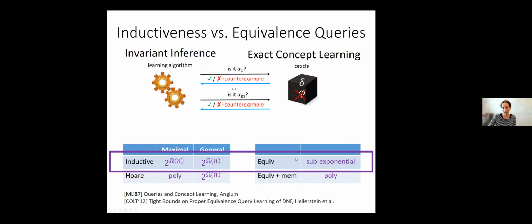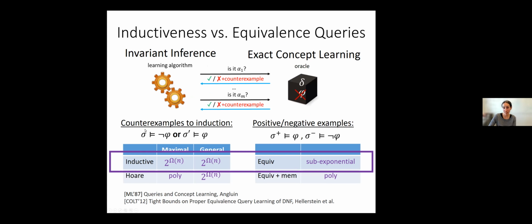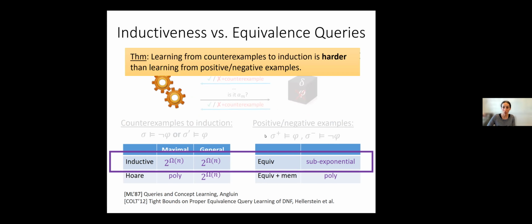The difference is that when we look at equivalence queries in the learning context, the counterexample is either a positive or a negative example, whereas in the inductiveness query model, it's a pair of states, it's an implication. And basically, this gap in the complexities shows that this difference in the kind of counterexamples is really crucial.